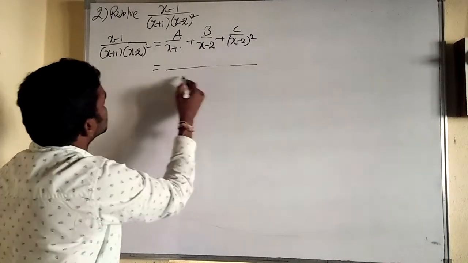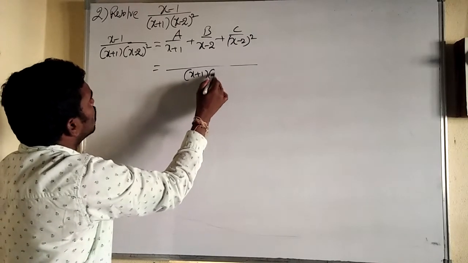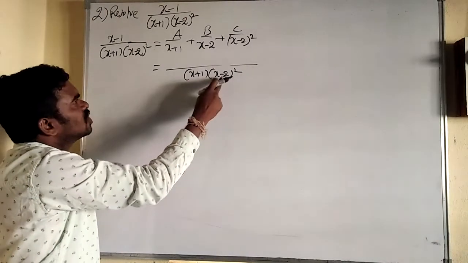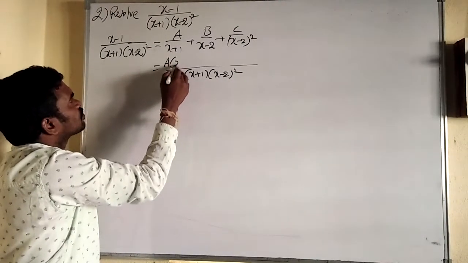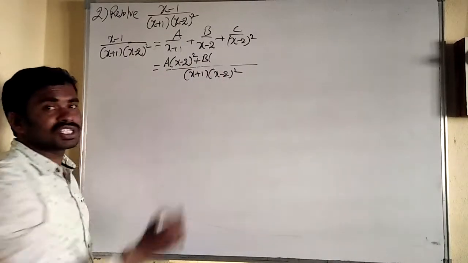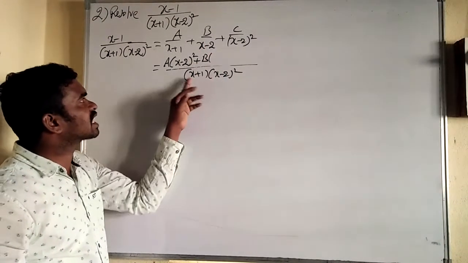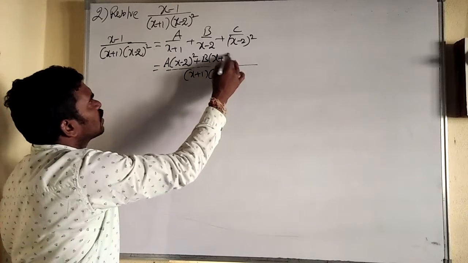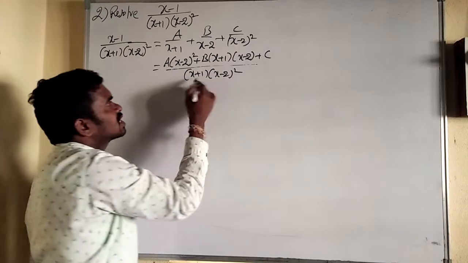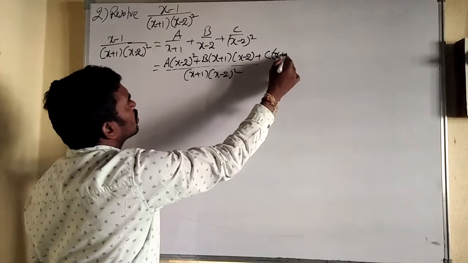So take the LCM, which will be (x + 1)(x − 2)². And what will the numerator be? Already x + 1 is there, so a into (x − 2)². Next, b into, see, one (x − 2) is there, so one more (x − 2) is required and (x + 1) is required, so (x + 1)(x − 2). Plus c into, already (x − 2)² is there, so (x + 1) is needed.